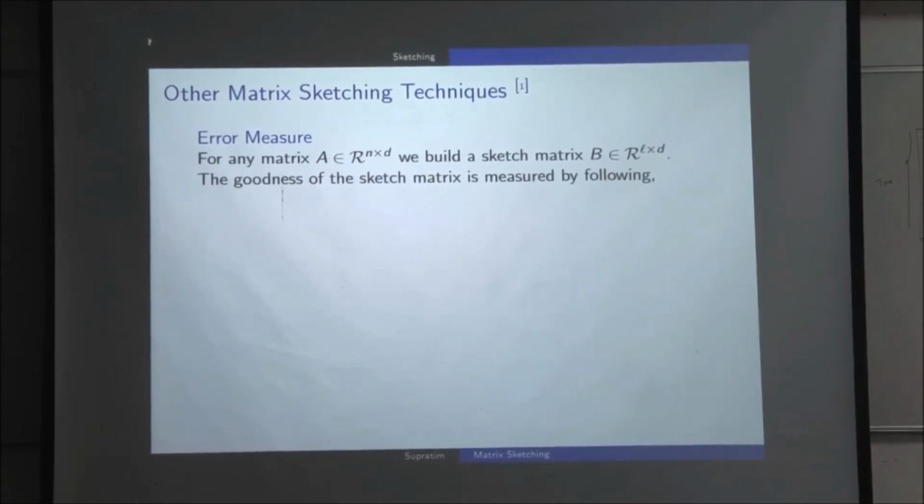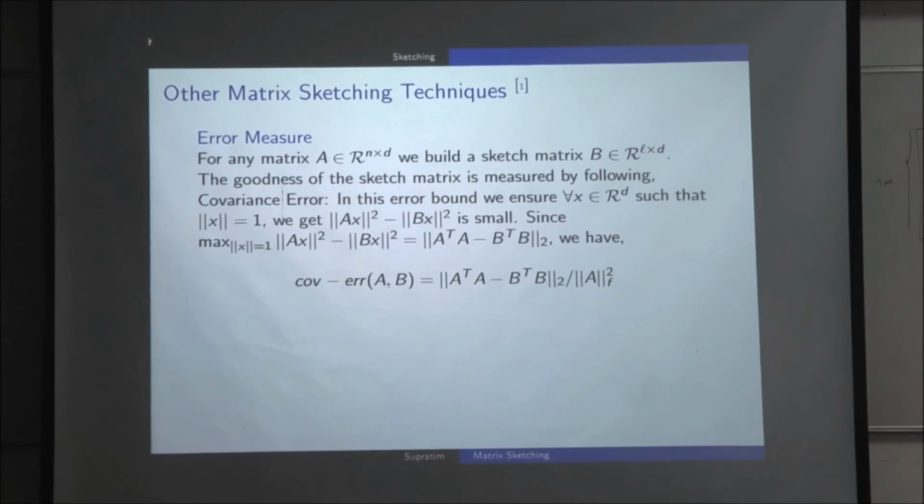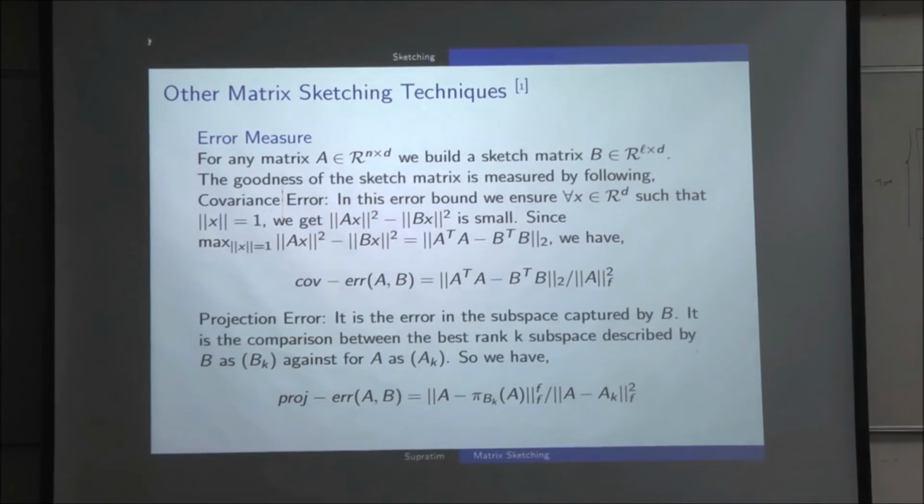So now before going into other matrix sketching techniques, let me tell you that whenever we build sketches of this matrix, we are more interested in either the covariance error or the projection error. So the covariance error tells us that for all x, we are going to bound this norm of Ax squared minus norm of Bx squared by some factor.